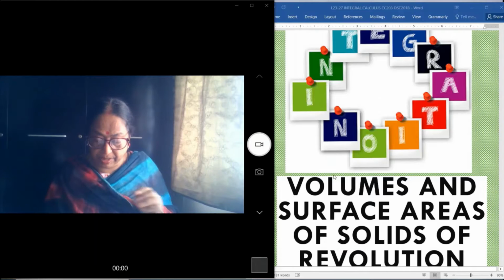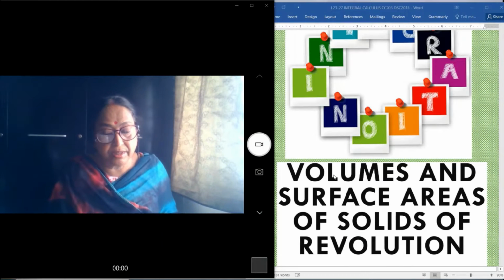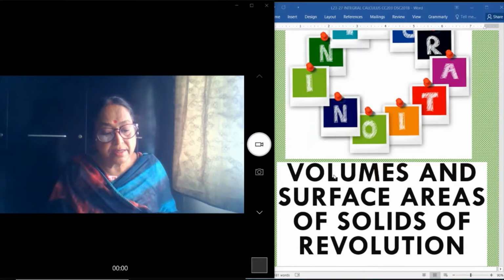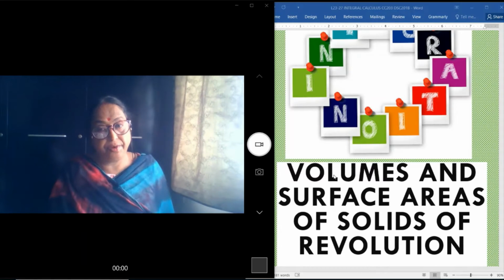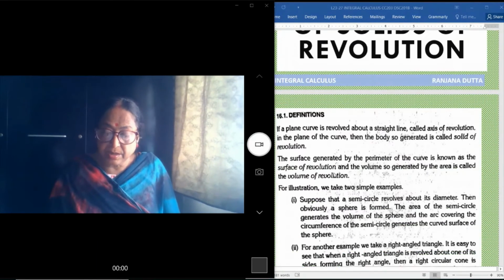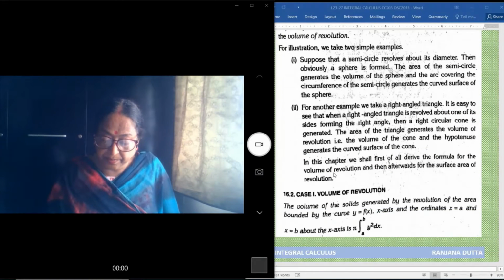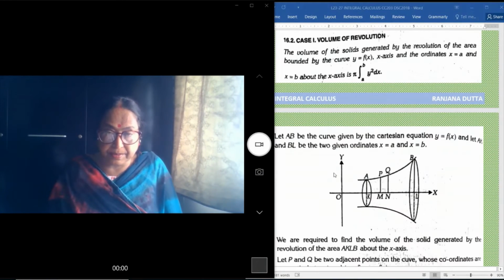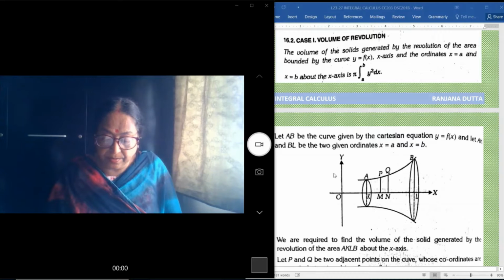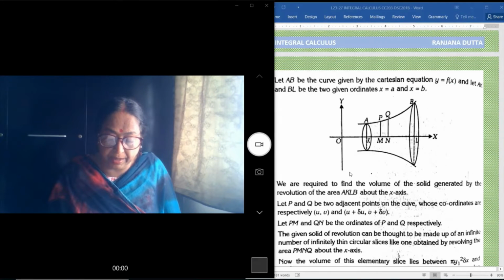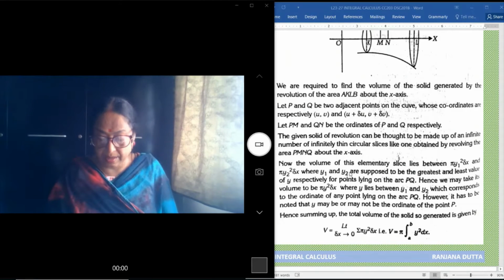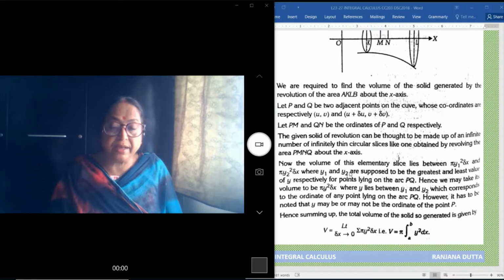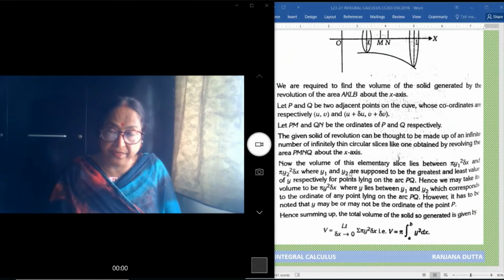Today we will discuss the volume and surface area of the solid of revolution. So volume can be calculated as V is equal to pi y square dx, and the limit for x is a to b, when y is equal to f(x).